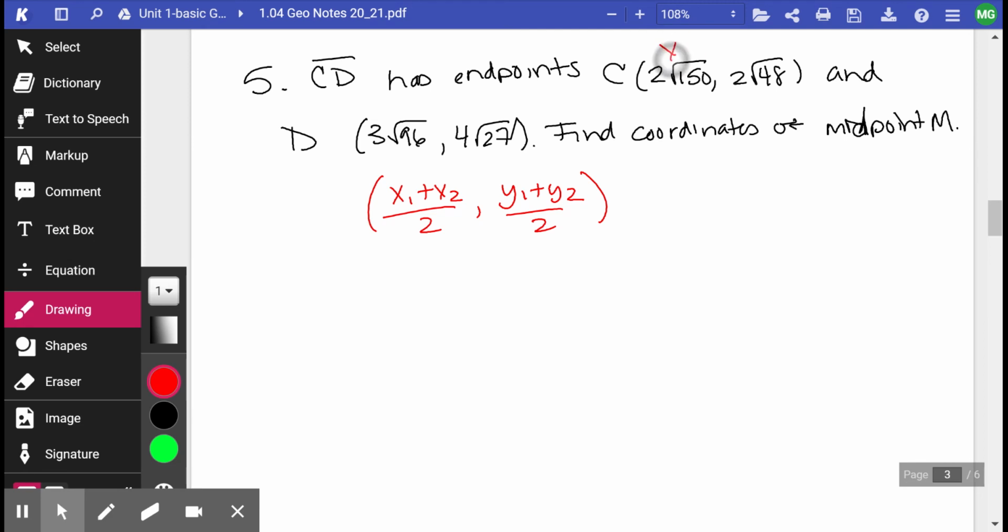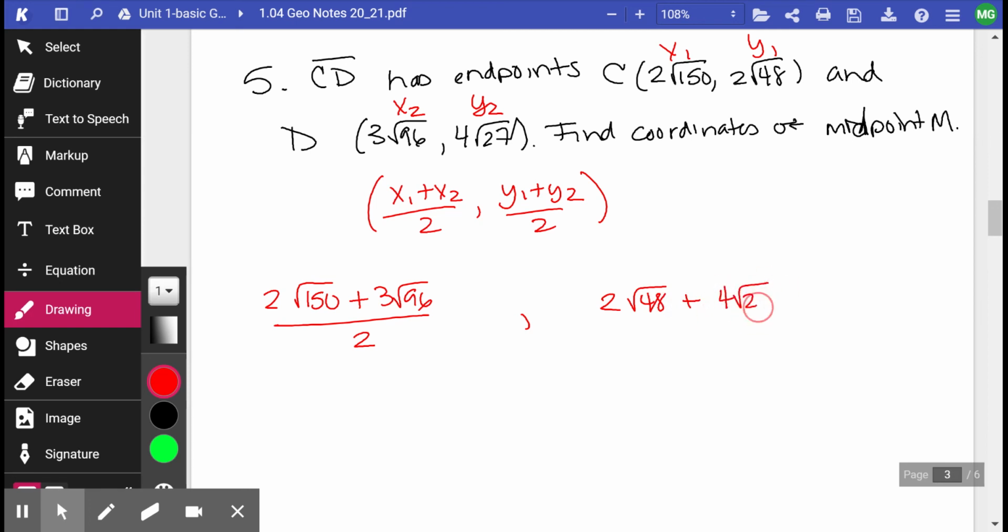So we'll call this x1, y1, x2, y2. So over here we'll have 2 rad 150 is our x sub 1, plus x sub 2 is 3 rad 96 over 2. For our y's, we'll take 2 rad 48 for our y1, plus 4 rad 27 over 2.